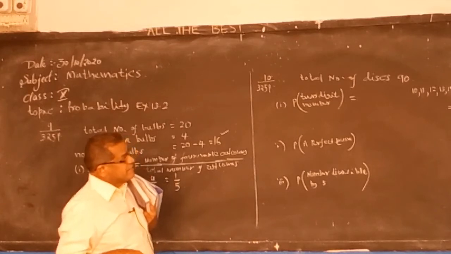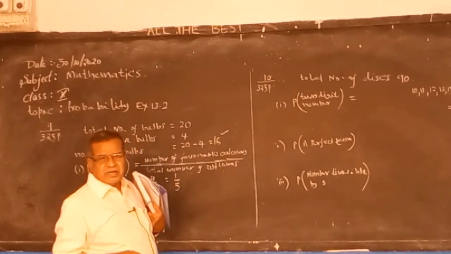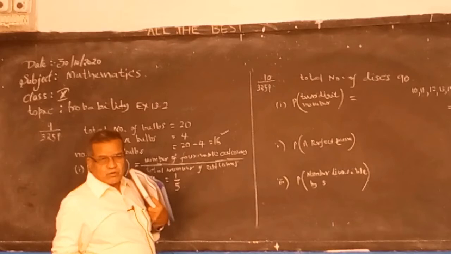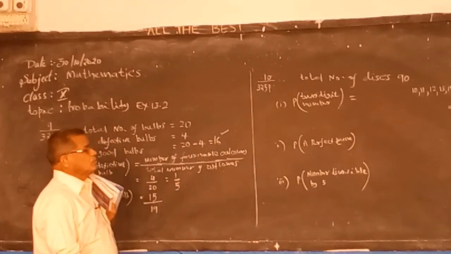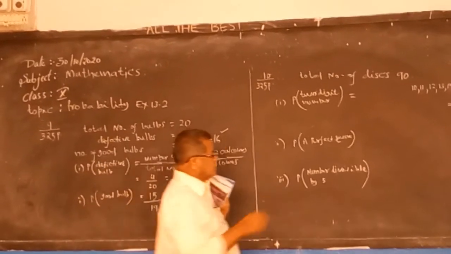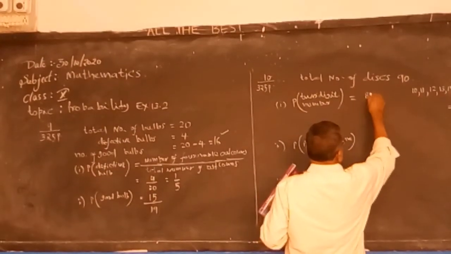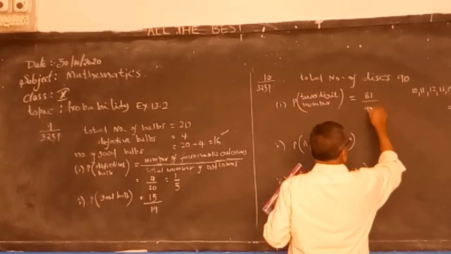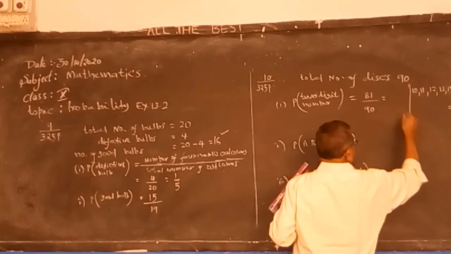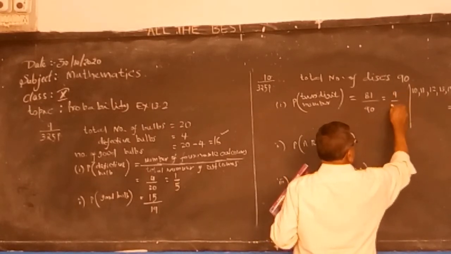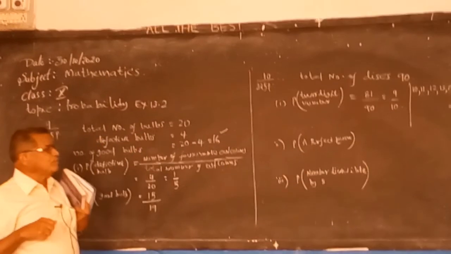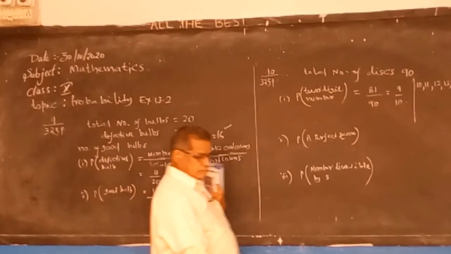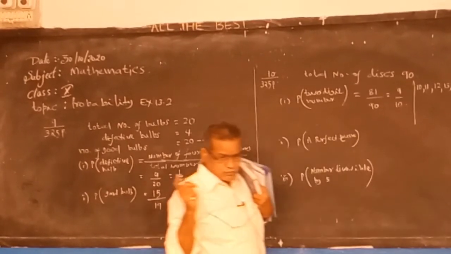From 11 to 90, 80, and one extra, 10, is there. So 81. The total number of two-digit numbers is 81 out of 90. 9 nines are 81, 9 tens are 90. Probability of a two-digit number is 9 by 10. No doubt.